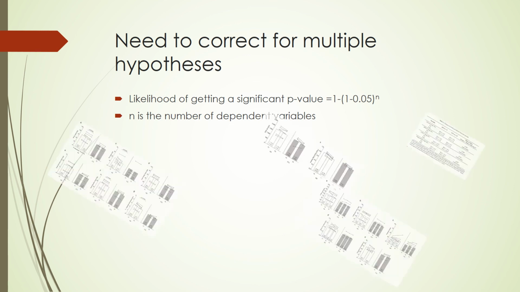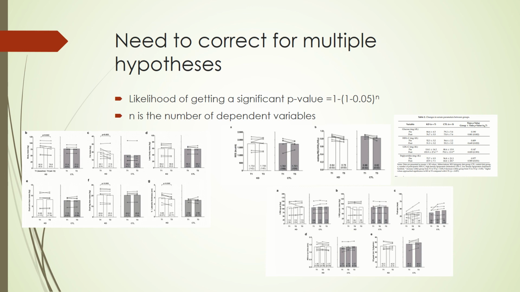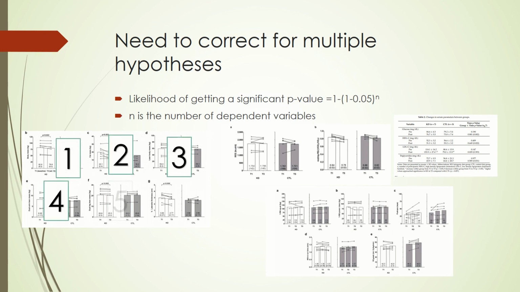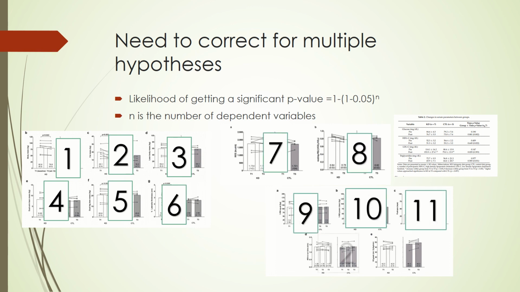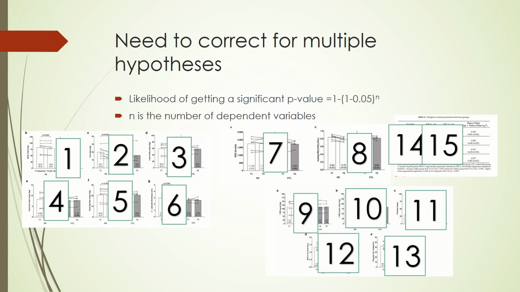Looking in the study right here, these are all the dependent variables that I could count. 1, 2, 3, 4, 5, 6, 7, 8, 9, 10, 11, 12, 13, 14, 15, 16. 16 dependent variables in my study. So how we would do this math, we would just put 16 where that n is and run that math. Everyone good with this?